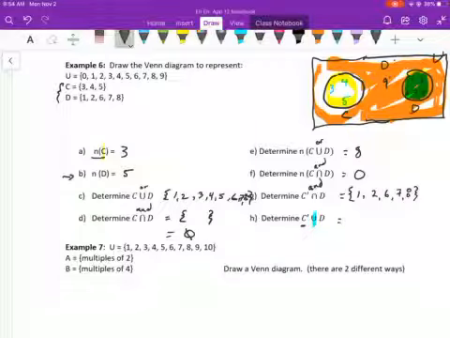So this is going to be 0, 1, 2, 6, 7, 8, and 9. And that's example 6.